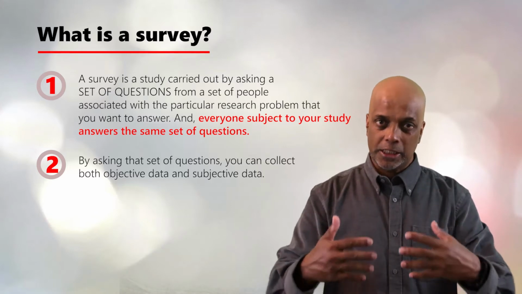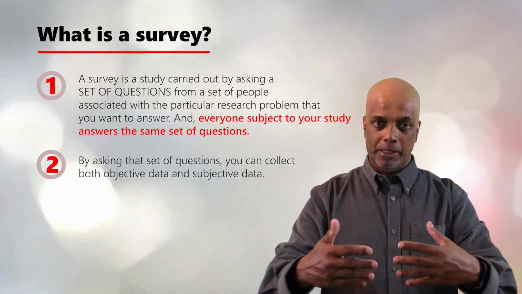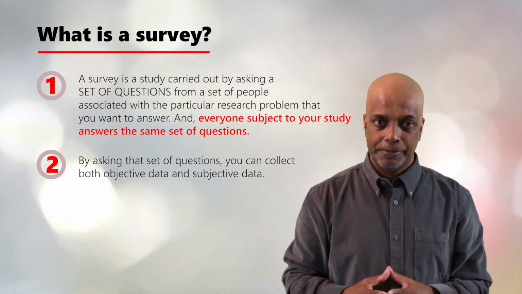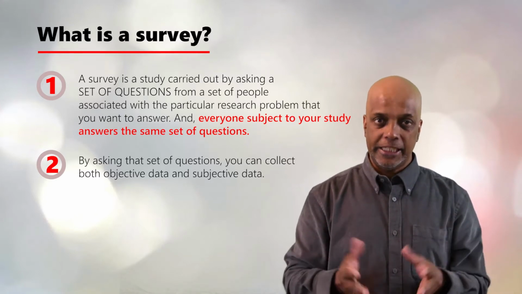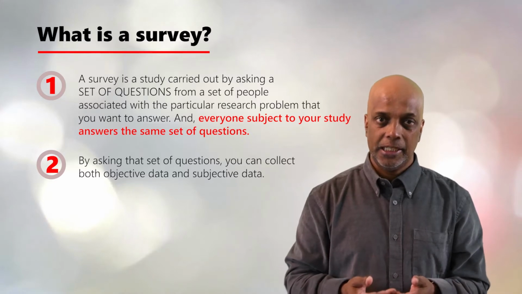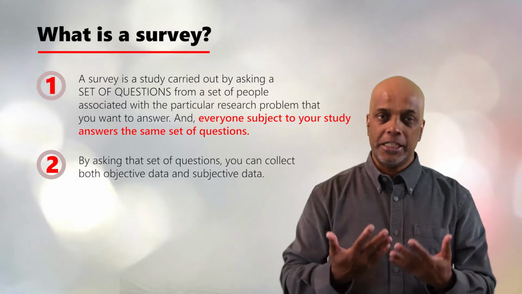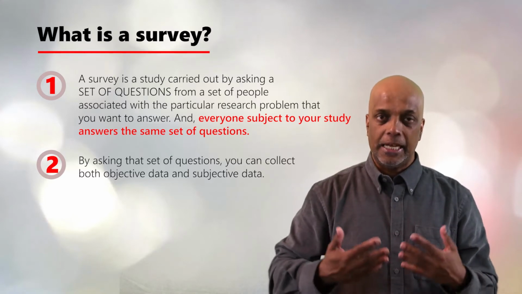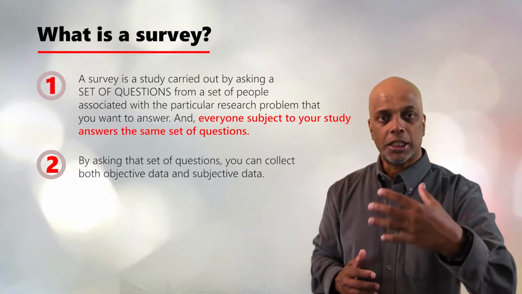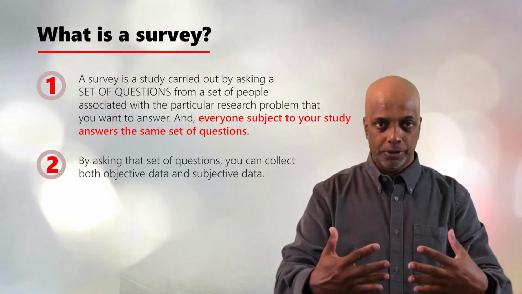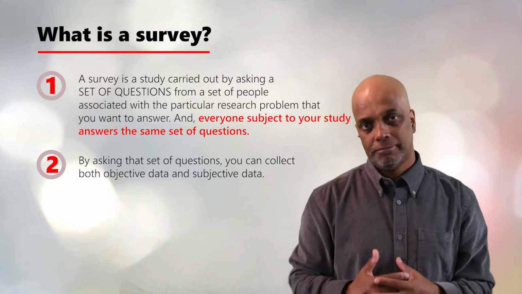You can ask a set of questions from respondents relating to, for example, their age, gender, income level, ethnicity, nationality, occupation, residential status, marital status, qualifications, and so on. Answers to such questions would provide you more or less objective factual data.